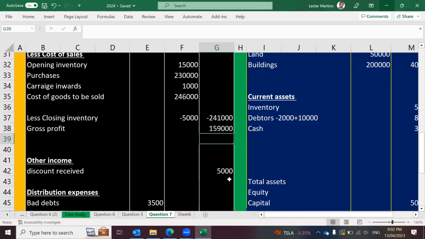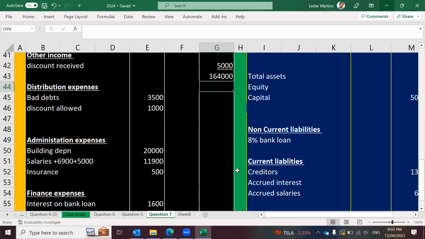And you add the other income and you take the total of each individual component of expenses.